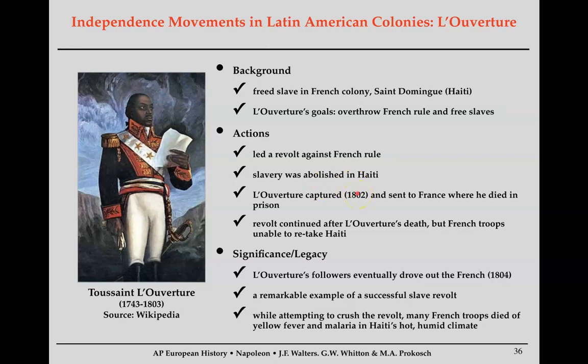And then the problem occurred when Napoleon took over France in 1799. Napoleon tried to reinstall enslavement in Haiti. So yet again, the Haitian Revolution starts up again by 1799. Louverture starts his revolt against the French yet again. So here, Louverture has a different tactic.